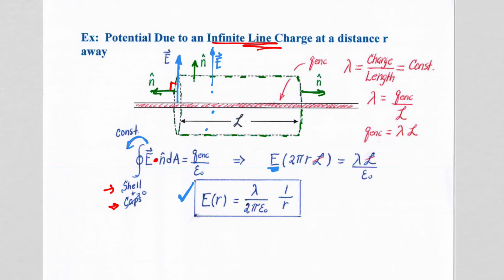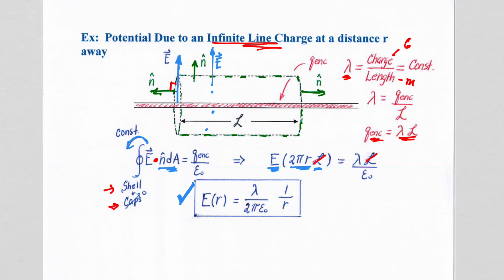The integral of dA is A. The area of the shell is 2 pi r times the script L. The Q enclosed is only enclosed in the Gaussian surface, and we're going to use our density calculation, charge, which is coulombs per meter, gives us our line density. We then solve for Q enclosed is lambda L. We lose the L's, and voila, we get our electric field as a function of R.